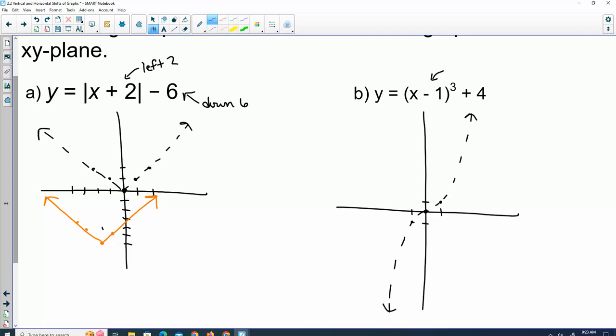What's the minus 1 do? And the plus 4? Right 1. Is that okay?